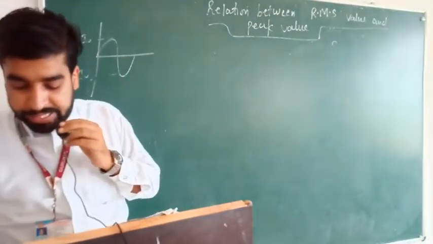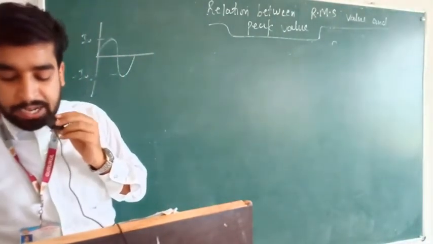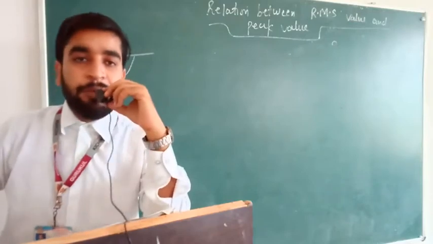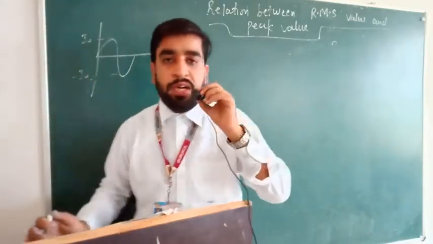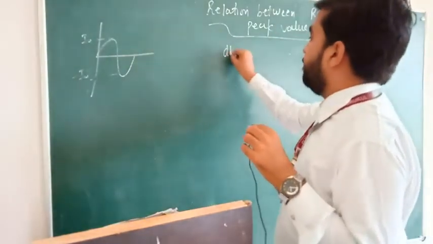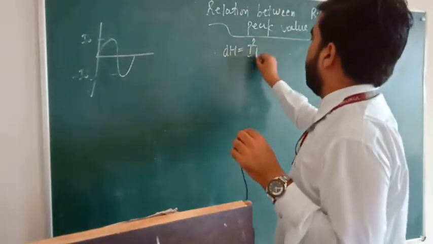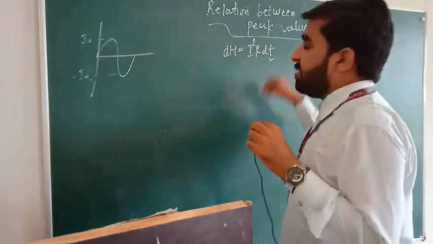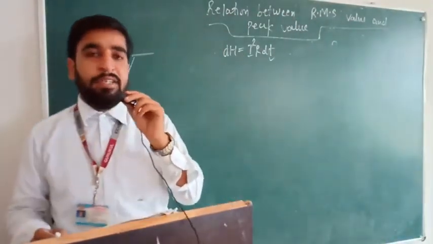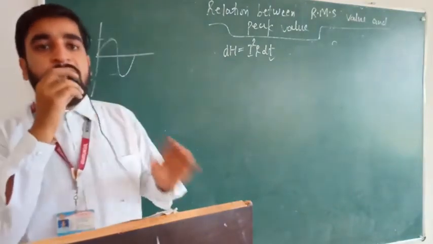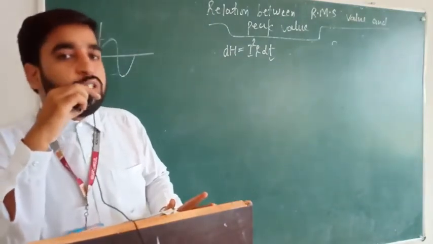We have already studied the amount of heat that will be produced in a given circuit, dH is equal to I square R dt. Why is there dt here? Because we are transferring AC, and AC cannot be constant for all time.